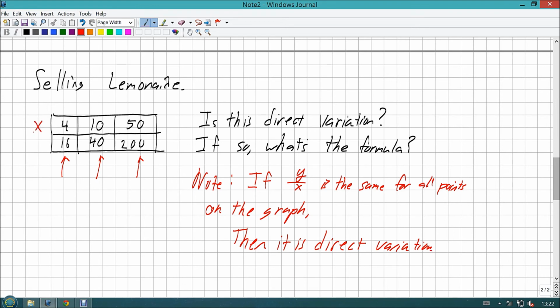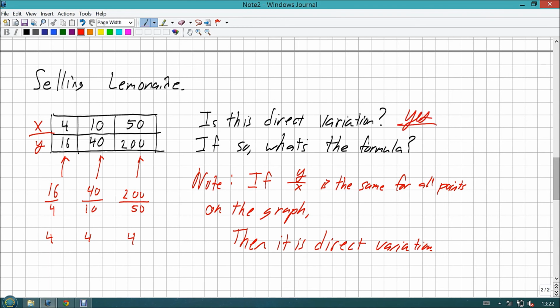So given that we have the number of things sold would probably be our x, our profit would probably be our y, let's look at y over x. 16 over 4, well, that's equal to 4. 40 over 10, that's equal to 4. 200 over 50, that's equal to 4. So is this direct variation? The answer to that question is yes.